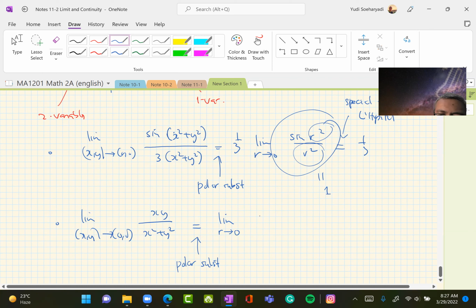This is r cosine theta, r sine theta, over here you have r squared.